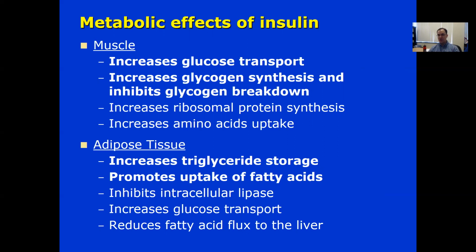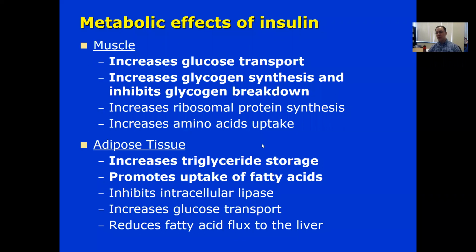When we're talking about adipose tissue, it increases triglyceride and fatty acid storage, and it prevents the breakdown of triglycerides and fatty acids. Those are the important things to know with insulin: it increases the storage of nutrients and prevents the breakdown of nutrients.